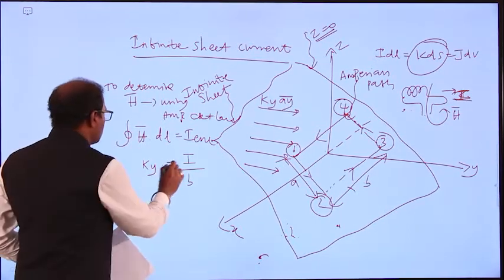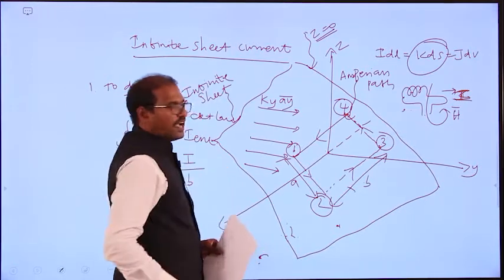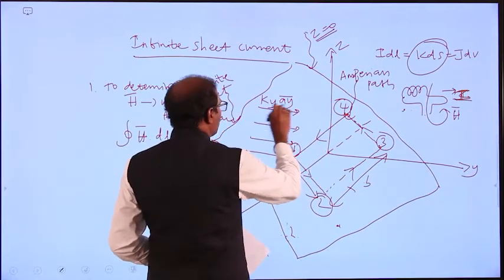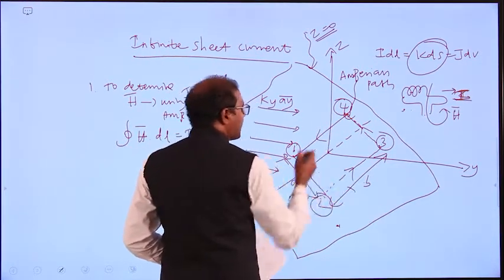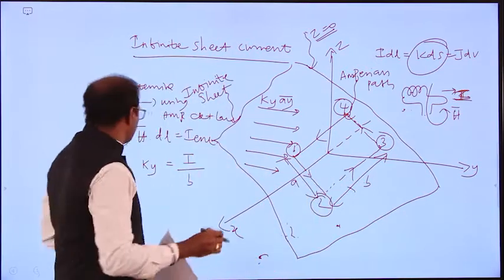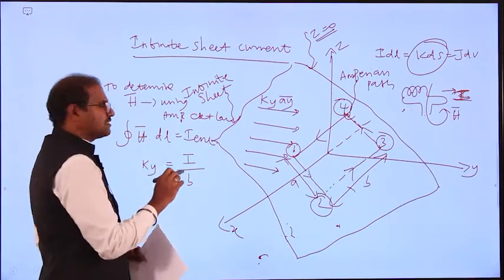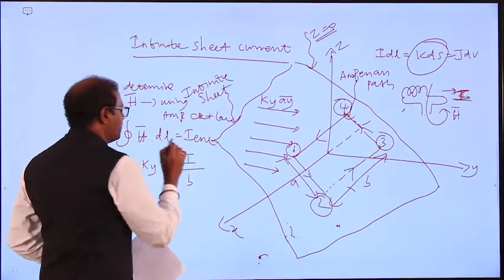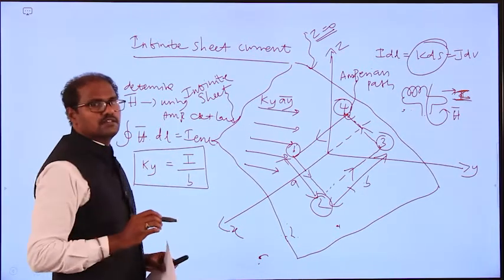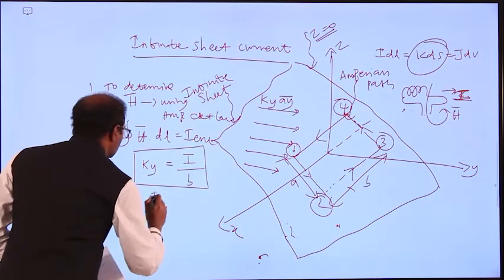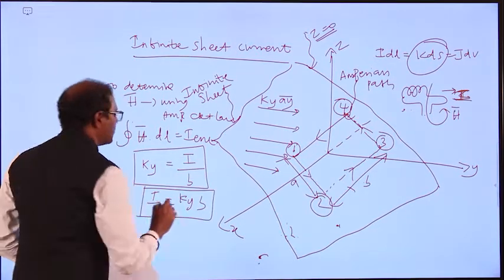Ky means the current is moving this side, perpendicular to B. So the amount of current density on the surface along y direction will be equal to the current perpendicular to B. So we can write I is equal to KyB.